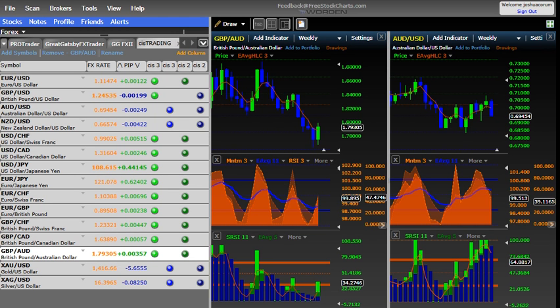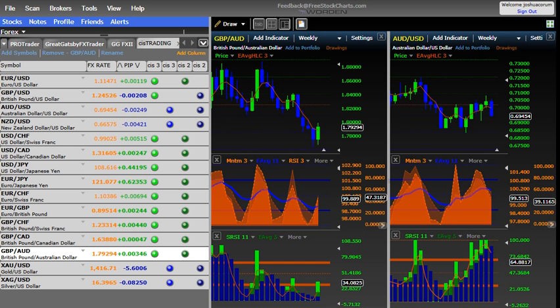Taking a look at the Australian dollar and the conditions regarding the Australian dollar trade, looking at the British pound Australian dollar and the Australian dollar US dollar using the GG series toolkit for FreeStockCharts.com. The FSC toolkit is from 2008-2009.